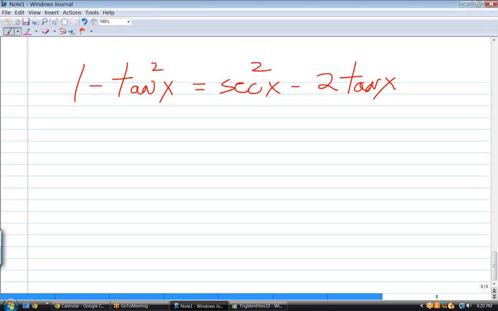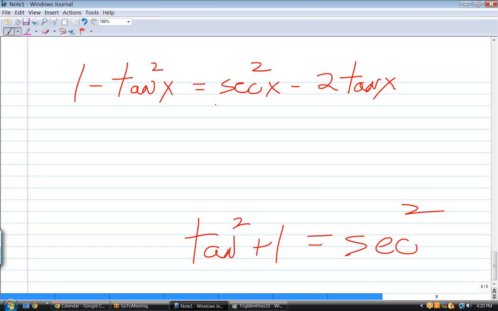Well, what can we do here? What should I turn tan squared into? Here's your identity. Tan squared plus 1 equals secant squared.